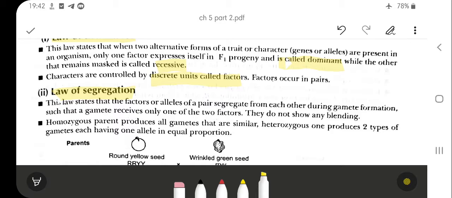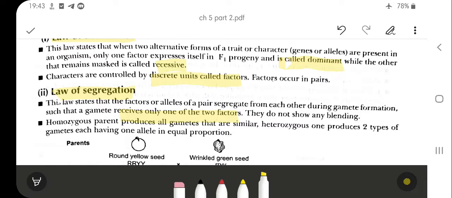This law states that the factors or the alleles of a pair segregate from each other during gamete formation, meaning capital T and small t segregate during gamete formation, as we have shown, so that we get haploid gametes. Such gametes receive only one of the two factors, either tall or the recessive.